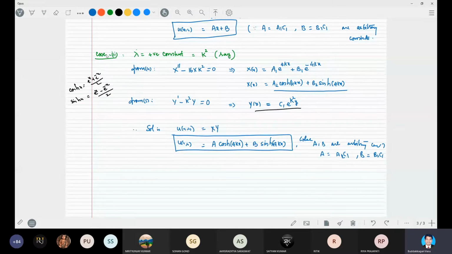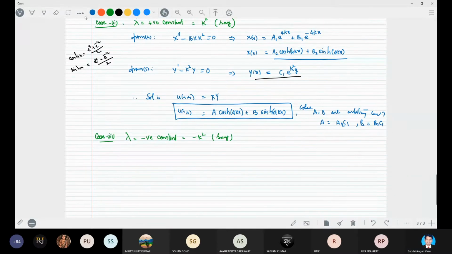Now for the another case, case 3, assume lambda is a negative constant, that is equal to say minus k square. Any k will be minus k square, resulting in a negative constant.